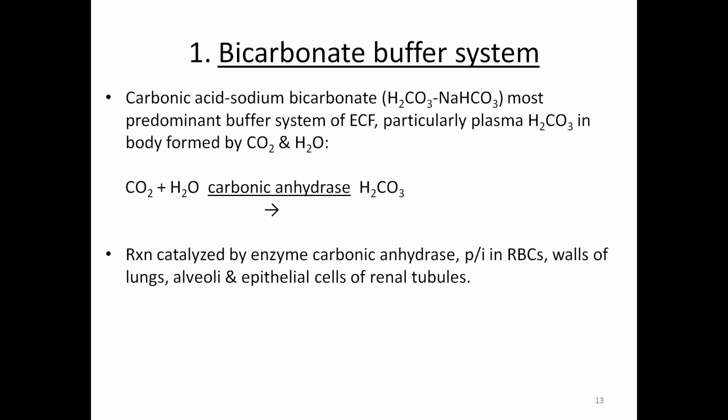H2CO3 in the body is formed by carbon dioxide and water. We know this reaction now after learning about it several times, facilitated by carbonic anhydrase. And this carbonic anhydrase enzyme is present in RBCs, walls of lungs, alveoli, and epithelial cells of renal tubules.